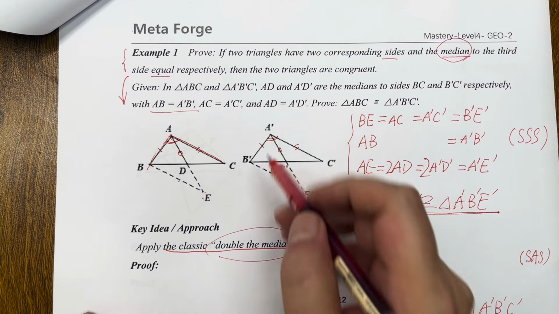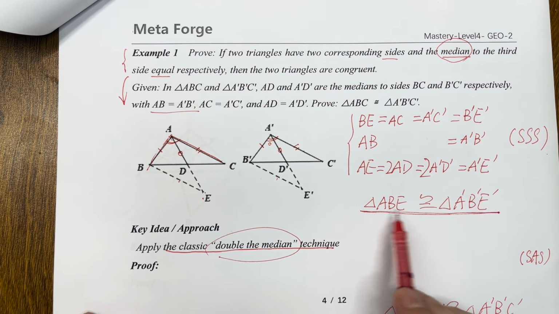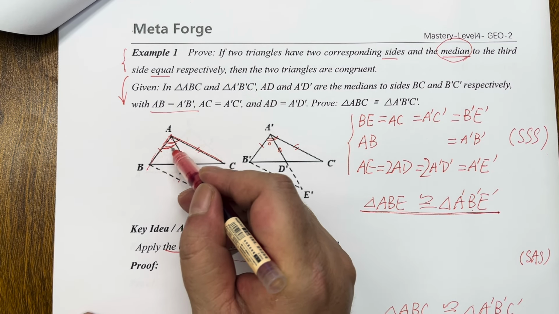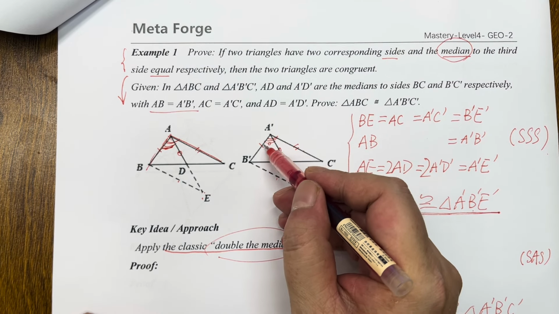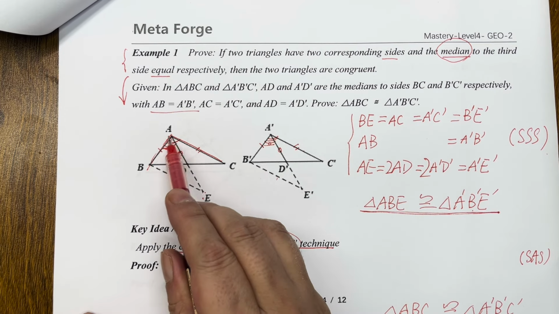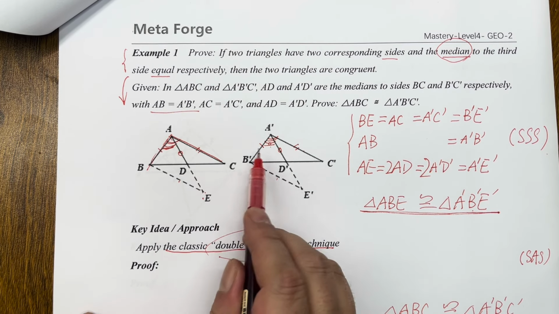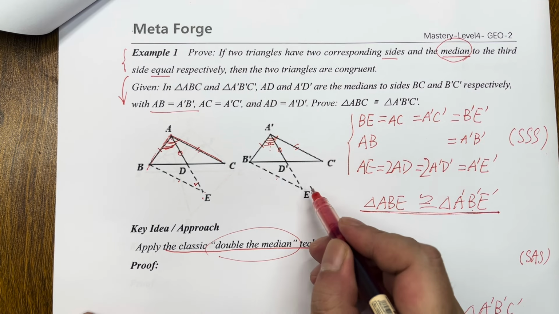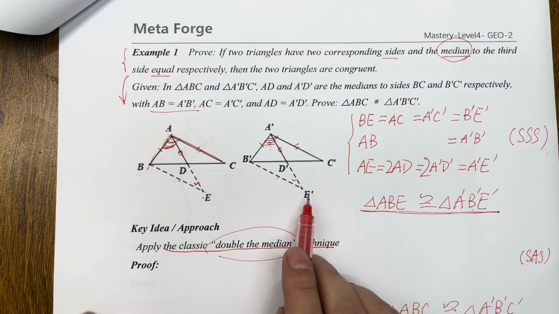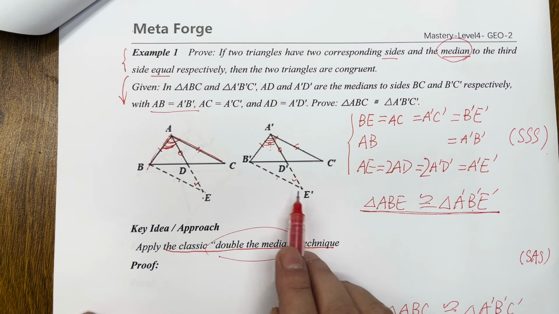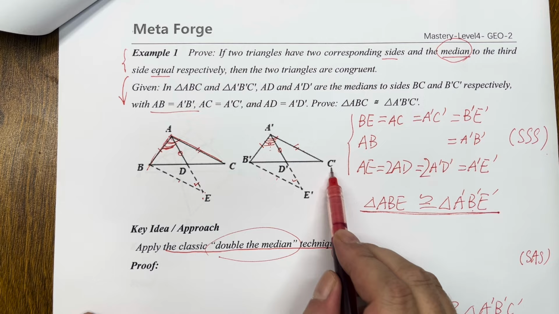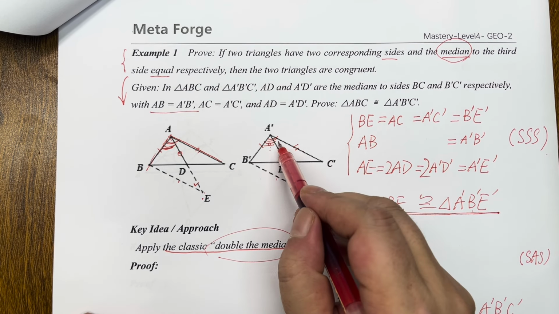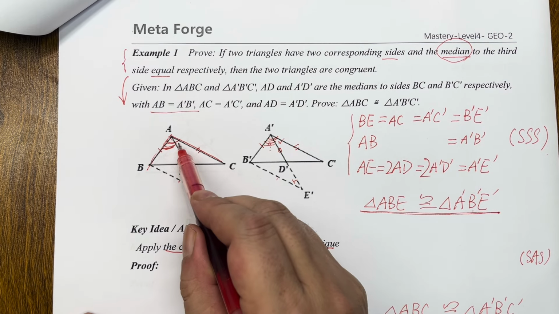How to prove it? From this congruence relationship, angle BAD equals angle B prime A prime D prime, and angle E equals angle E prime. They are parallel lines, so this angle equals this angle, and this angle equals this angle.